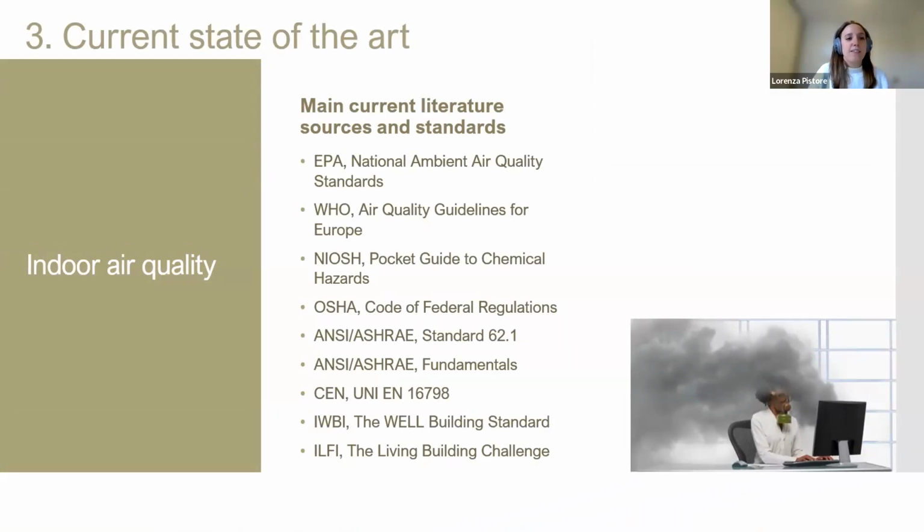So just if we look at indoor air quality, there is the standard from the EPA, there is the standard from WHO, there's NIOSH, OSHA, the standards from ASHRAE, European standards, and also some more innovative and disruptive guidelines like the WELL Building Standard and the Living Building Challenge.